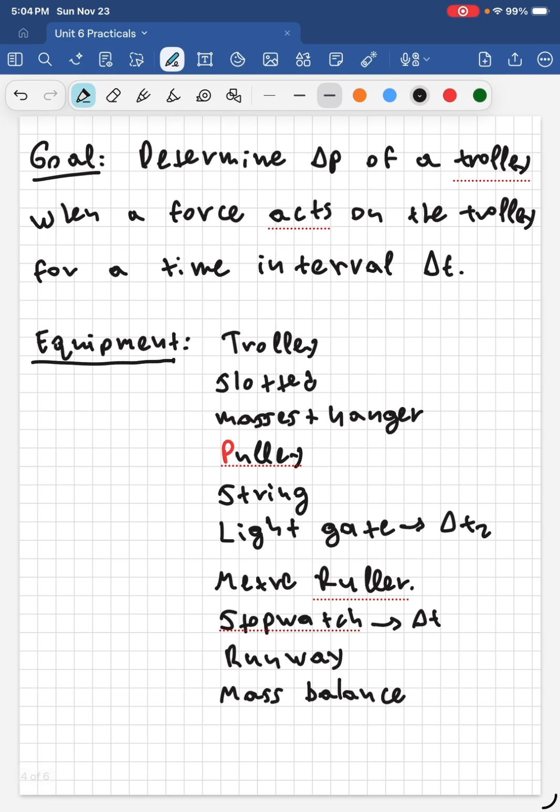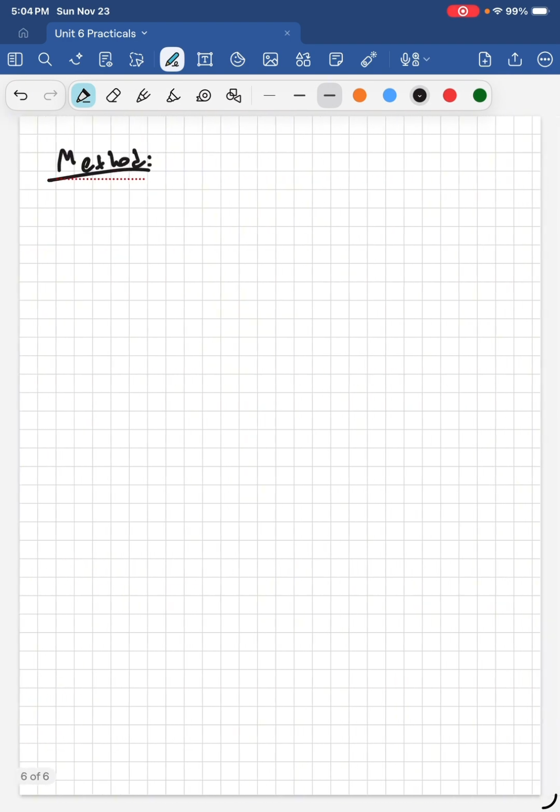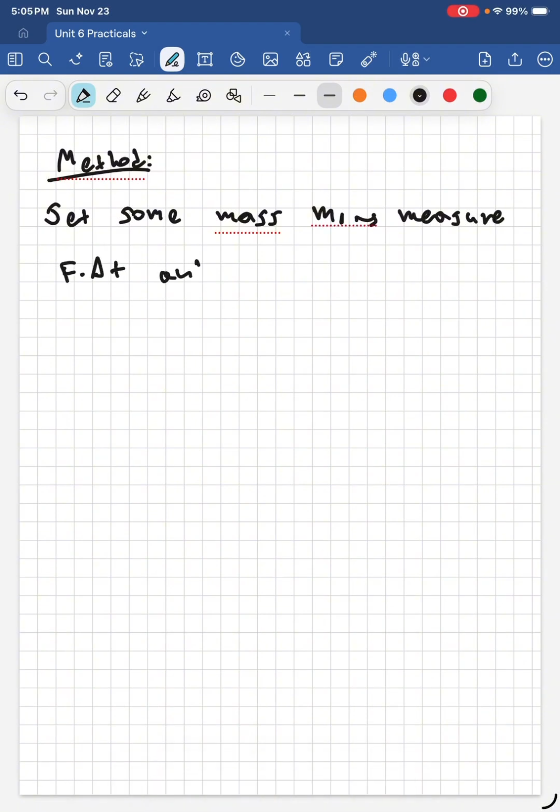So basically, the method, maybe I can write a few things down. Set some mass m1, measure F times delta t and delta p, which is equal to uppercase M times v, which we call v final.